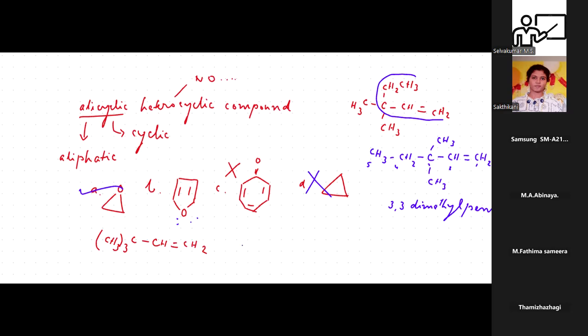C, 3 methyl groups are attached, C, H double bond CH2. Now, the longest chain, 1, 2, 3, 4.